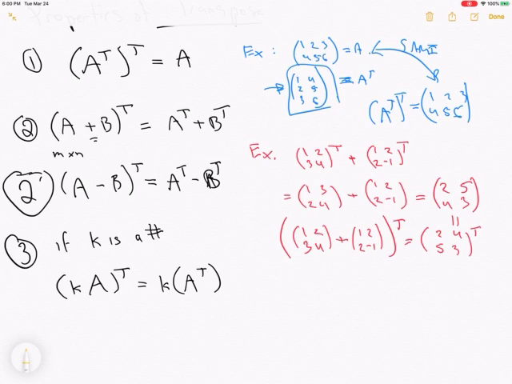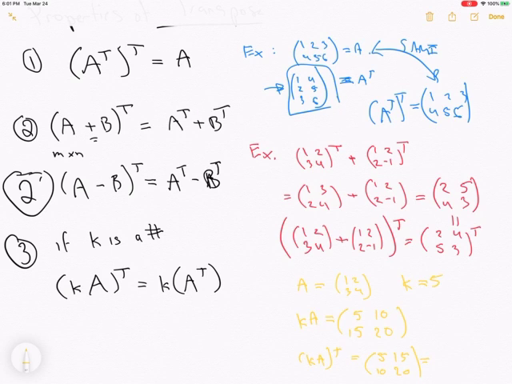So if A is the matrix 1, 2, 3, 4, and say k is the number, say 5, then k times A is the matrix 5, 10, 15, 20. And so if you take the transpose of that matrix, you get 5, 15, 10, 20.